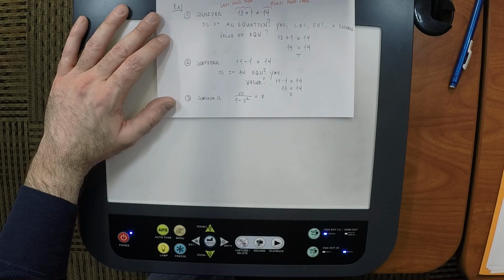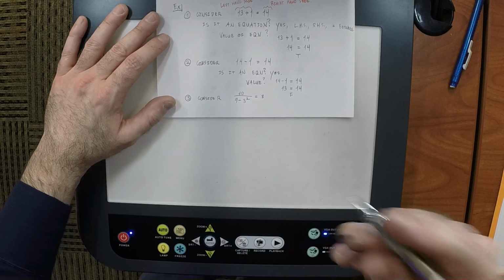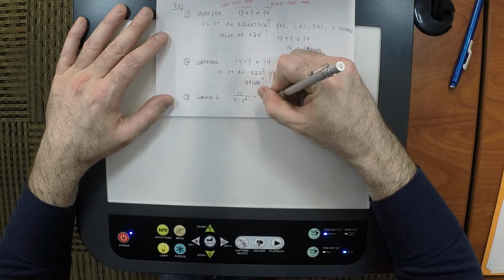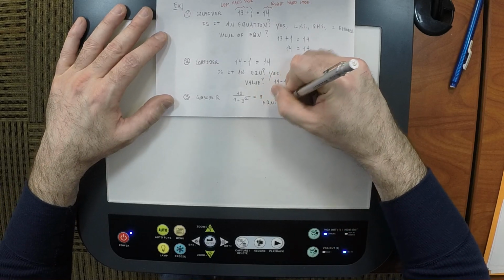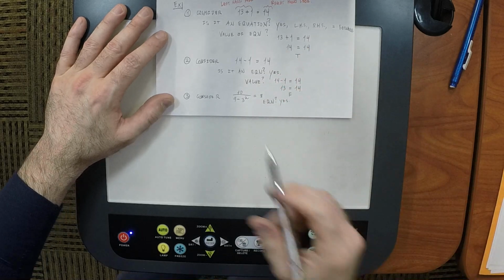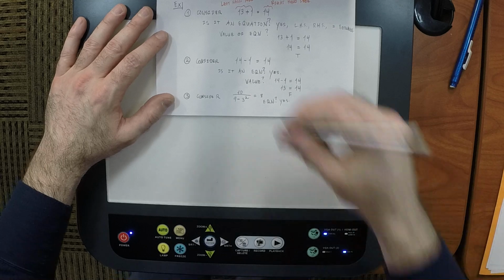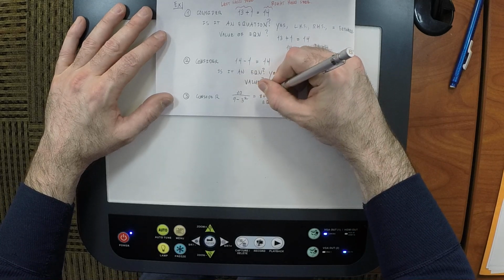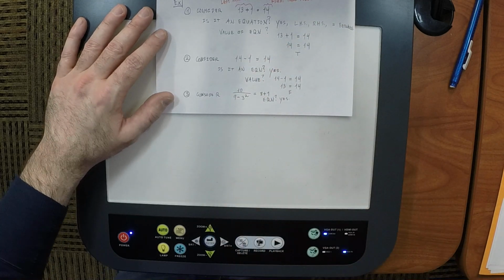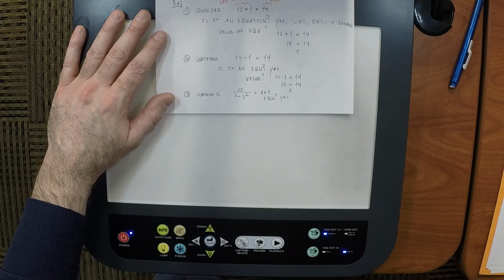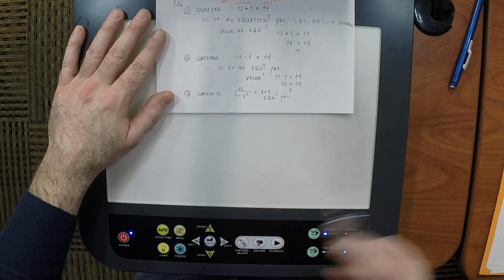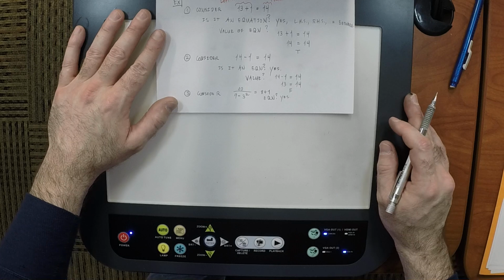So is that an equation? Yes. It's an equation because it has two expressions, a left-hand side and a right-hand side. And even I'll make it, maybe 8 plus 1. I don't know. It doesn't matter. So it has two expressions, a left-hand side, a right-hand side, and an equal in between them. Is it an equation? Yes.